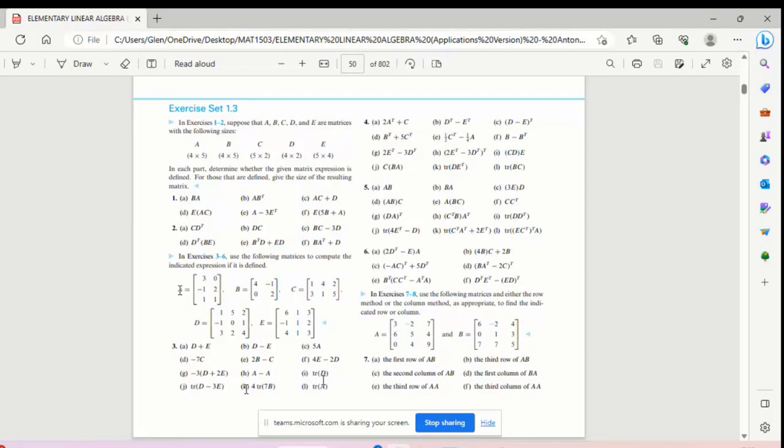Then I added the diagonal entries, which are 28 and 14, which gave me 42. Then I multiplied that 42 by 4, giving me 168.